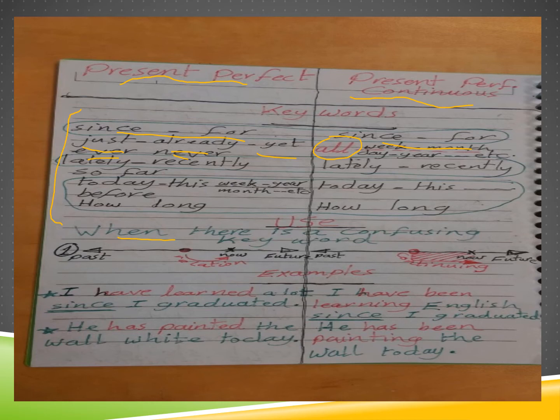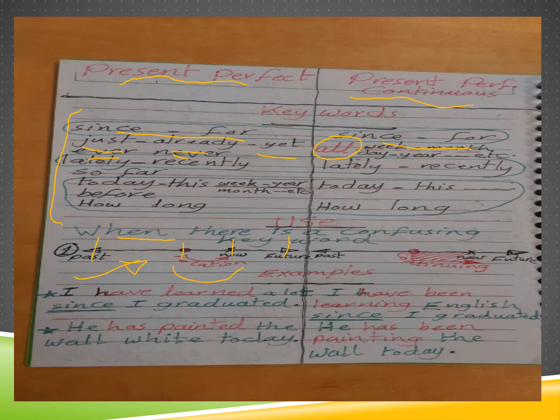Let's have a look at the use of the present perfect and that of the present perfect continuous. For the present perfect, this is the timeline. This is the past, this is the future, this is now, and this is the time when the action started. So it refers to an action which started sometime in the past, and it has a relation to the present.